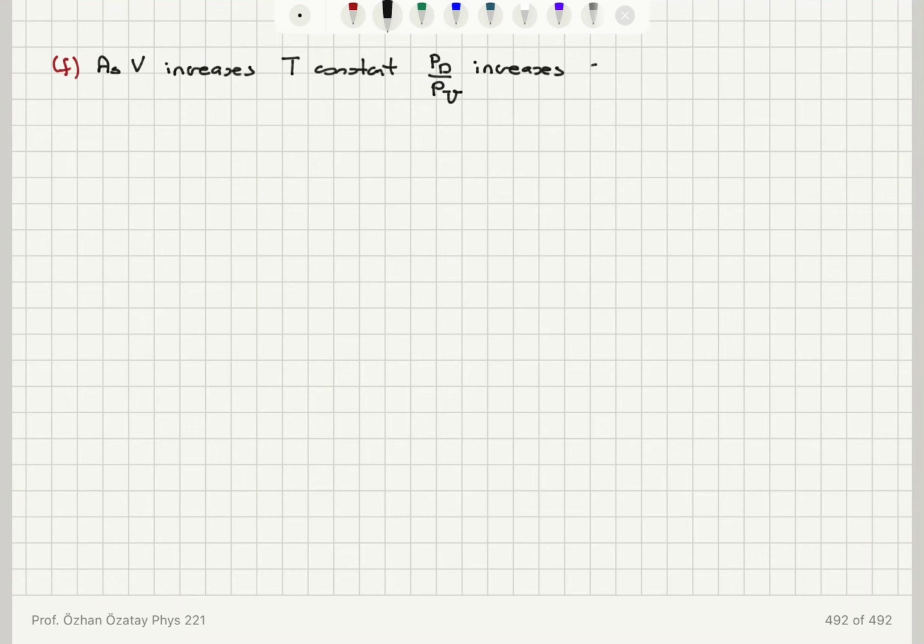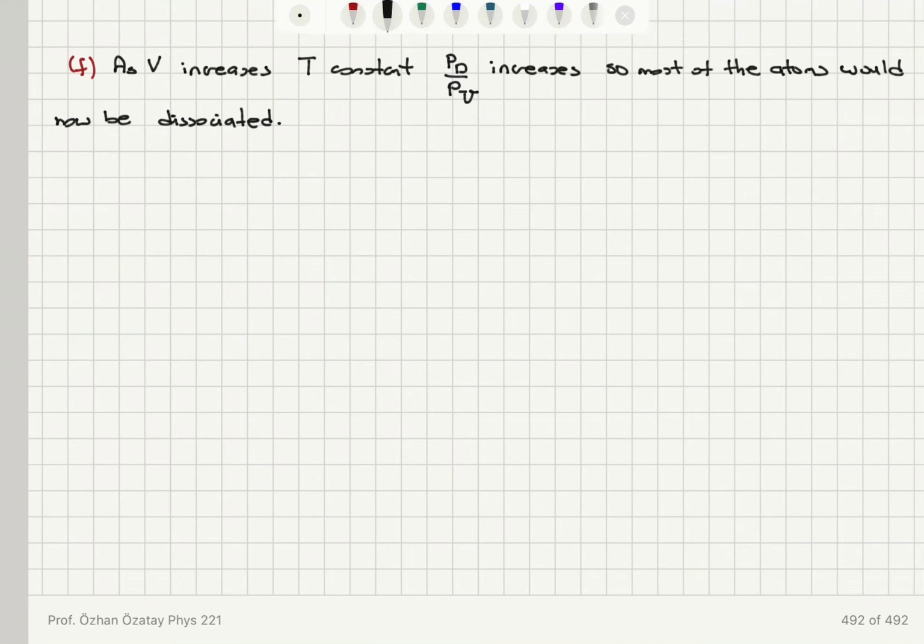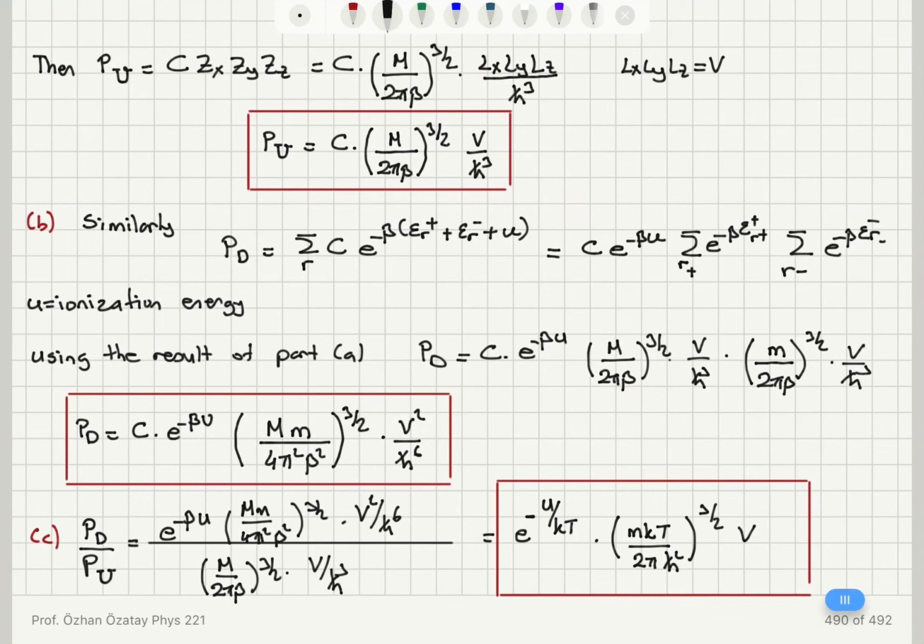So most of the atoms would now be dissociated. Okay, so by increasing the volume, the probability of the dissociation increases.